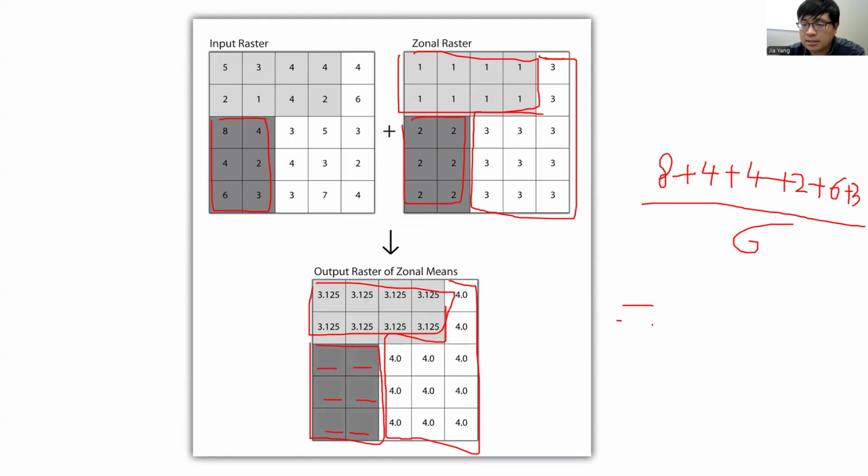Here's 12, 16, 18, 24, 27. 27 divided by 6 is 4.5. So the number here is 4.5. It's the same for each of the 6 pixels.